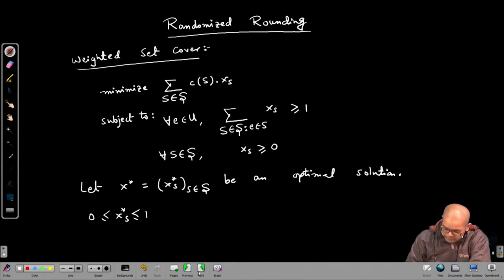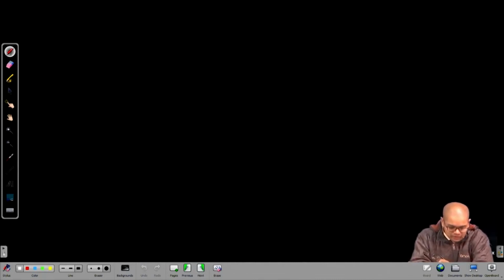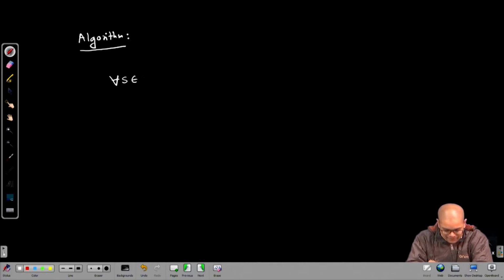So in particular, the algorithm is: for all sets S in the collection, construct a solution. Let W be the set cover that we are constructing.